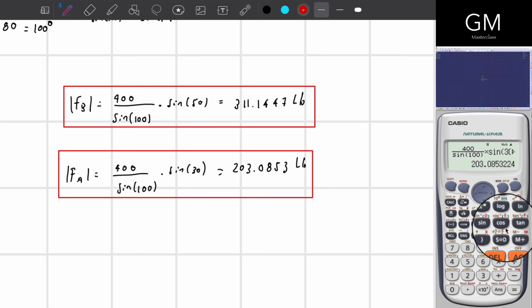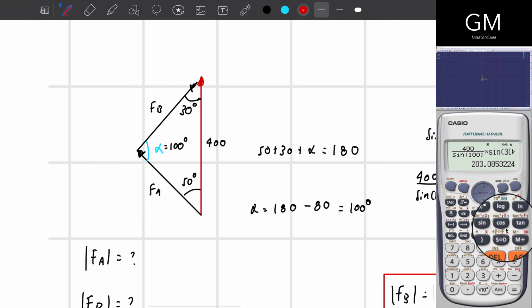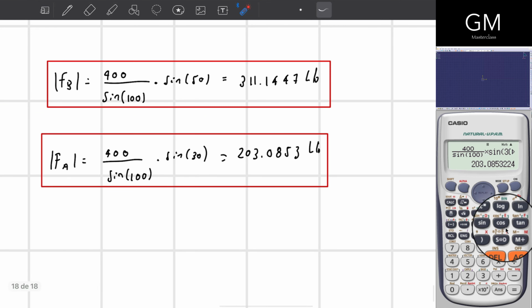In this case I'm going to use CATIA V5, and all we have to do is to create this shape. We're going to define it using this value and these two angles. And then we're going to measure these two lengths, and if we did the exercise correctly, they would be equal to these two results, right?